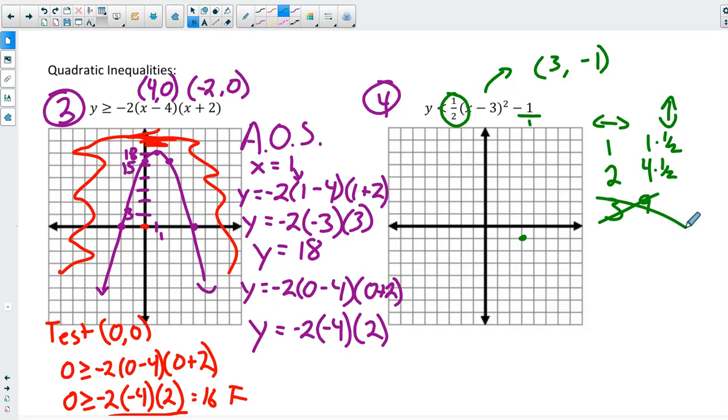I'm going to get 4 here, and I have 1 there. So I get 1/2, and I get 2. So from my vertex, I go 1 to the right, 1 to the left, and I go up 1/2. And I put those 2 points down. And then from my vertex again, I go 2 to the right, and 2 to the left, and I go up 2.